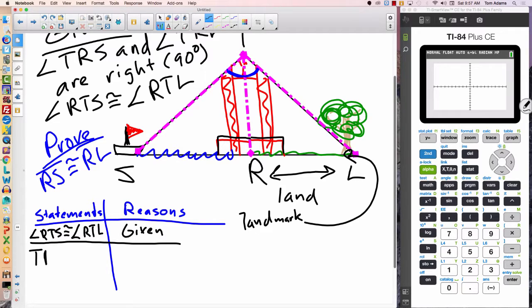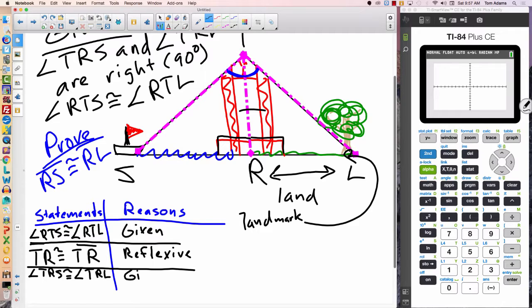We also know that TR is congruent to TR. How do I know that? Reflexive property. We're also told that angle TRS is congruent to angle TRL, because that was given to us.